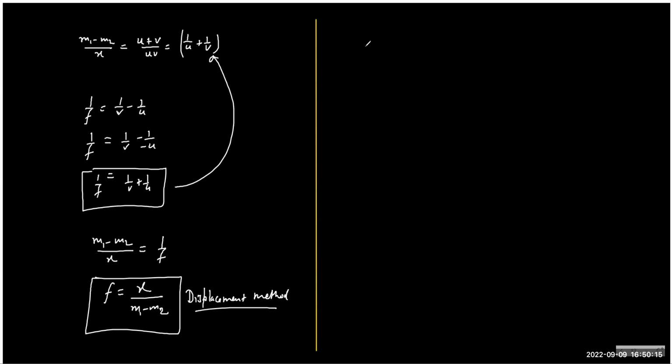And the other thing I wanted to say is, what is the ratio of M1 M2? If I take the ratio, it is (V by U) whole square. Okay. Is this of any use?